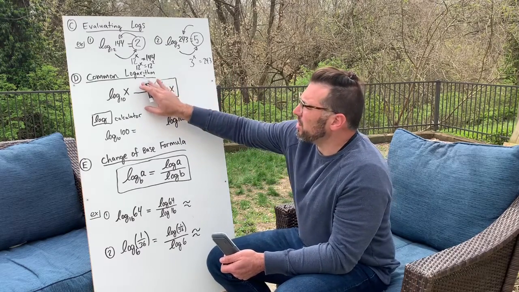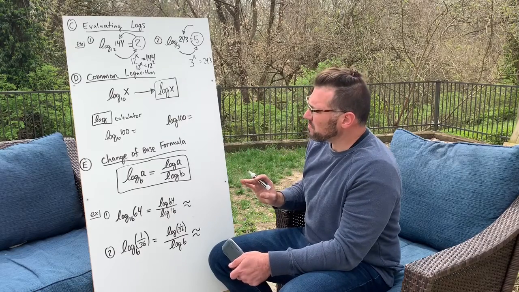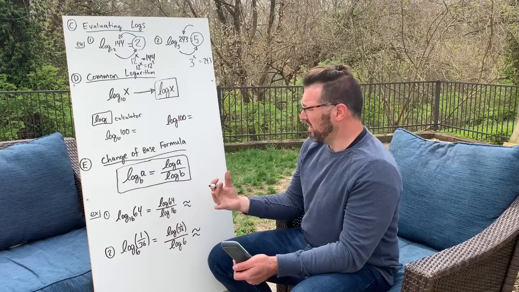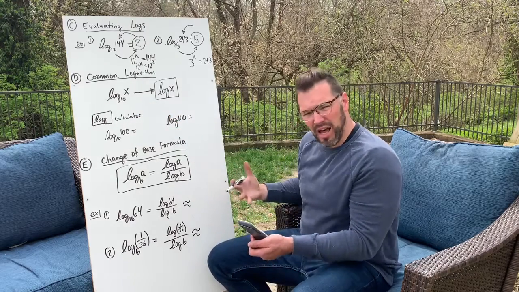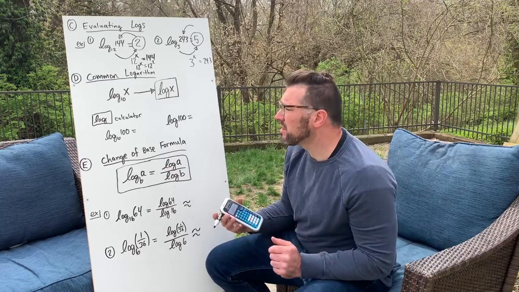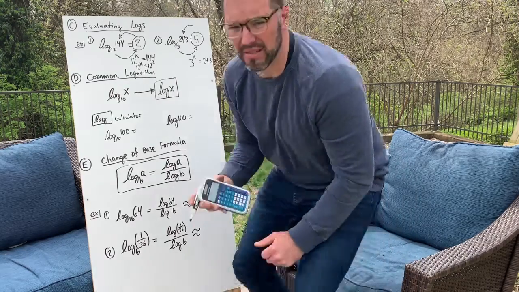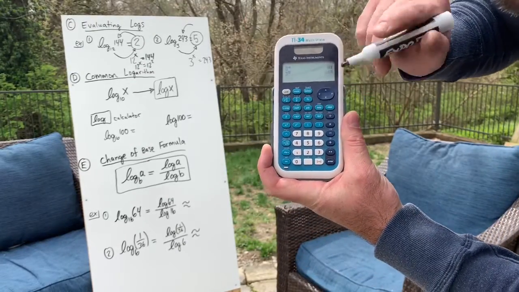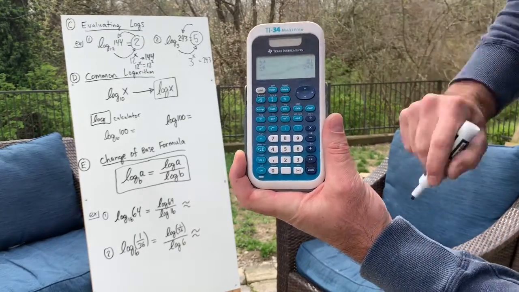Next, there's something called the common logarithm. Common logarithm is just a log that has base 10. Base 10 gets used a lot, and for that reason, most calculators, if not all of them, will have a log button. Notice, mine is right there. It says log. Do you see it?